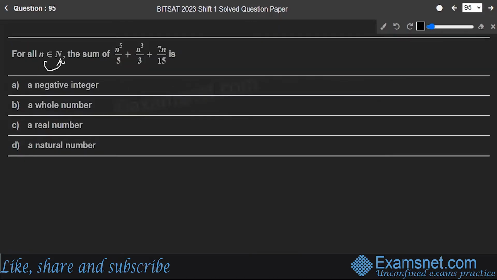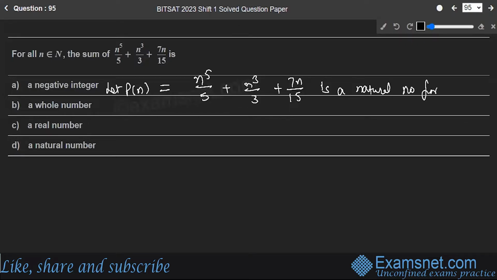For all n belonging to the natural numbers, the sum of this is a negative number, whole number, real, or natural number. Let the statement Pn be defined by n power 5 upon 5 plus n power 3 upon 3 plus 7n upon 15 is a natural number for n belonging to the natural numbers.